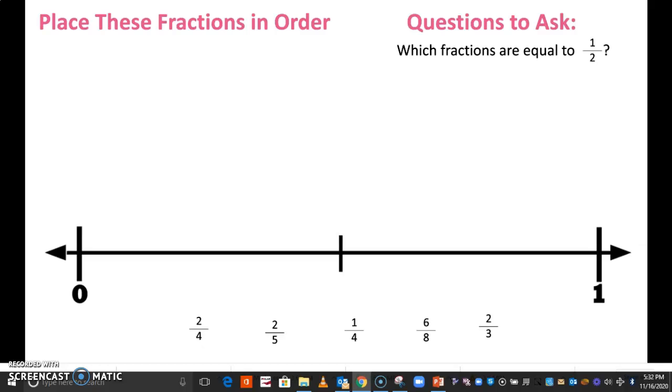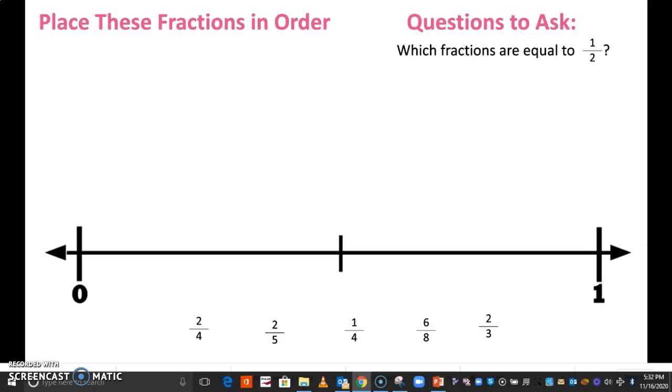Let's first start with, do we have any fractions that are equal to a half? And remember, we've talked about fractions that are equivalent to half. The denominator, the number on the bottom, is going to be twice as much as the number on top.